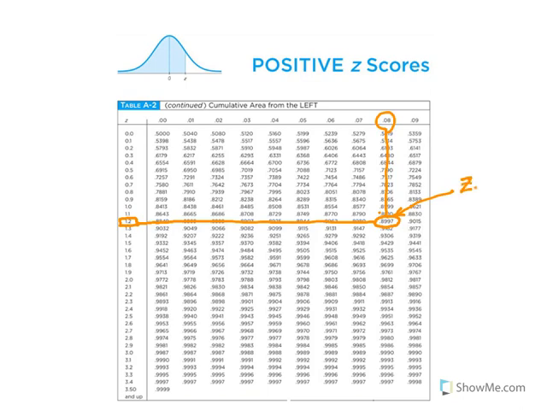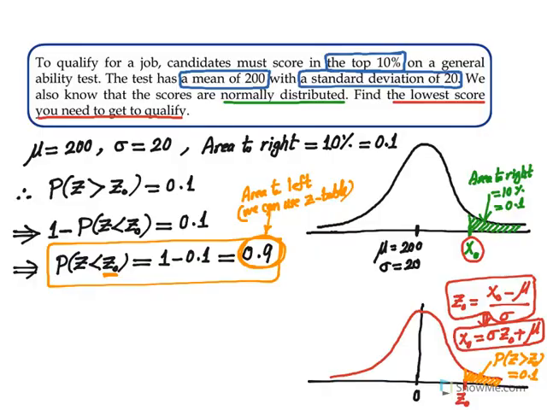So this means that my Z-score is 1.28. Very nice. So let's go back and say that we found the Z-score, Z0, is 1.28.